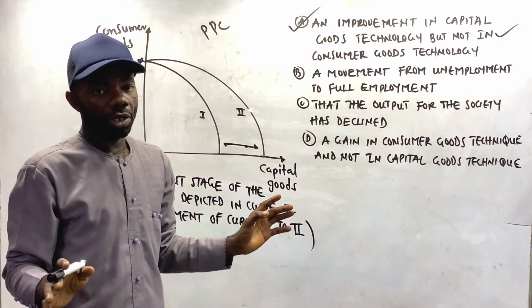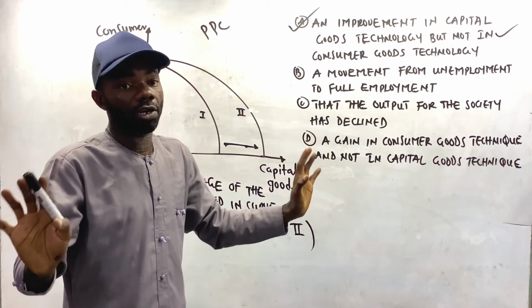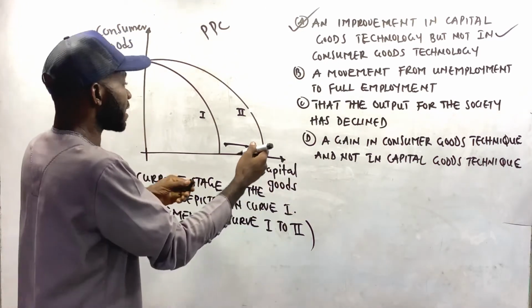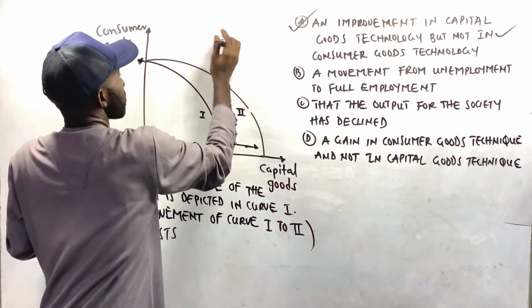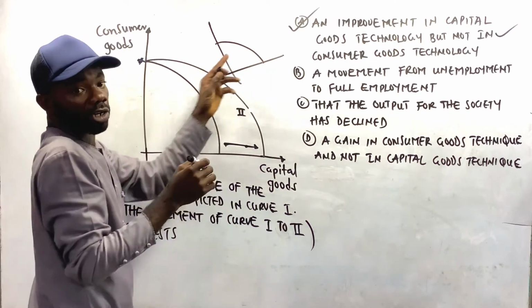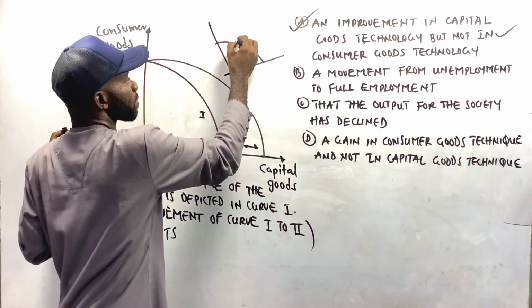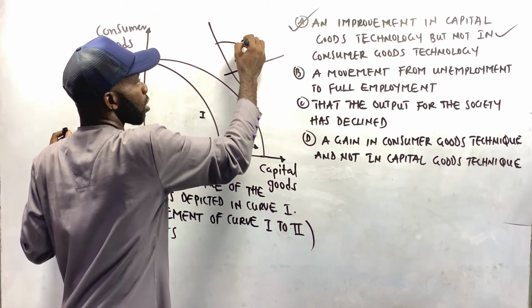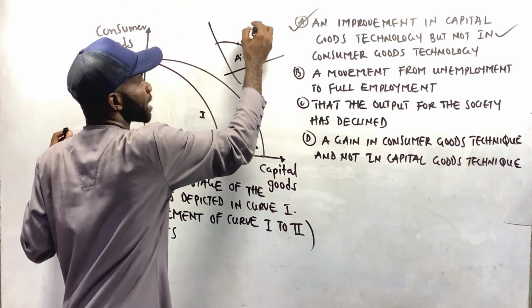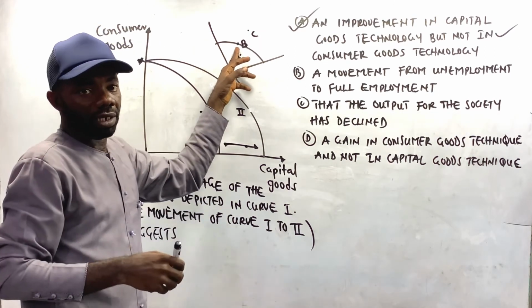So for B, a movement from unemployment to full employment. Please take notes. That's only applicable when we introduce the production possibility curve, because we have somewhere inside the curve. I'm going to help you understand. If this is a production possibility curve, there's always a point inside, a point on the curve, and another point outside the curve. On the curve, you have full employment. It's feasible.